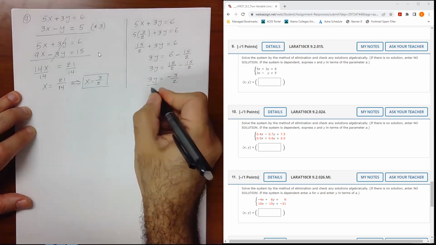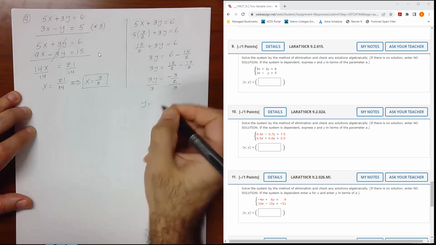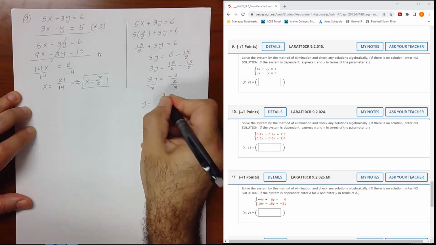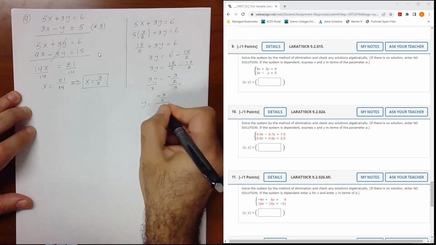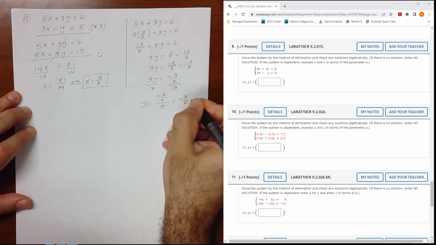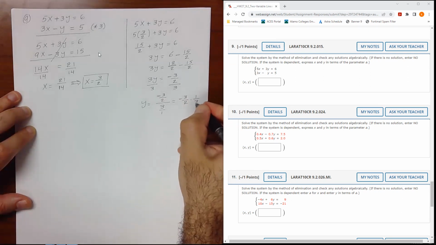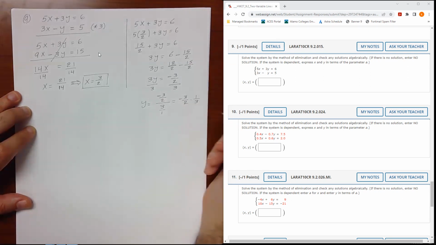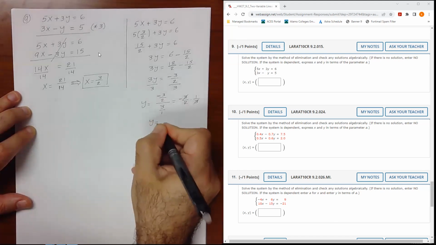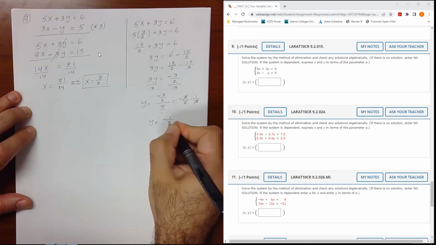Divide both sides by 3. So y is going to equal negative 3 over 2 divided by 3, which is negative 3 over 2 times 1 over 3. Cancel the 3 with the 3. So in this case, y is going to equal negative 1 over 2.